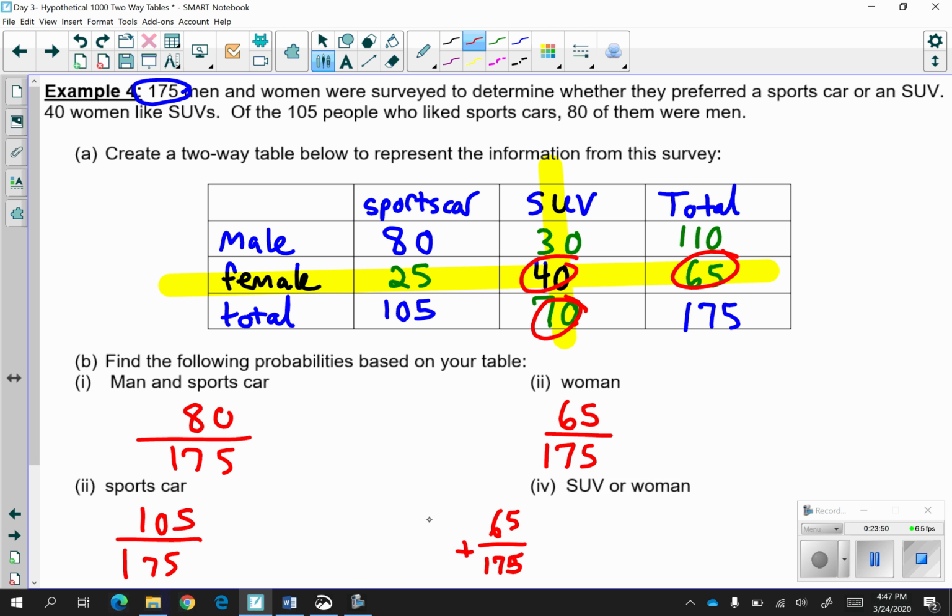The number of SUVs is 70 out of 175. And then their overlap is 40 over 175. Put that in a calculator and you are going to get 95 out of the 175 people total.